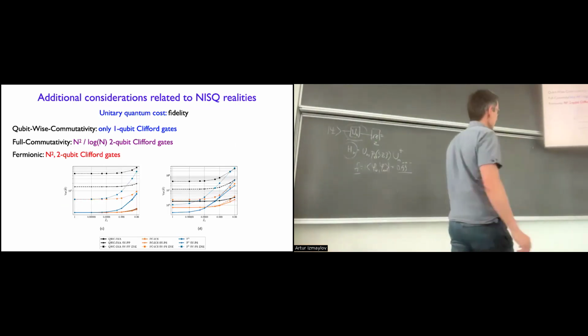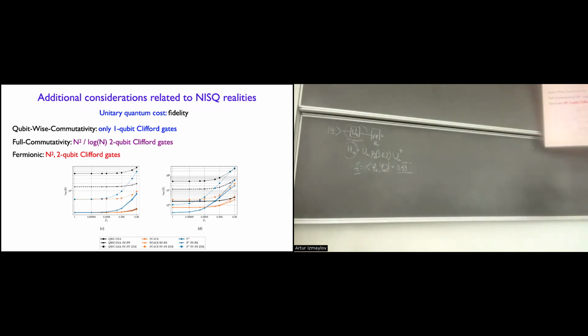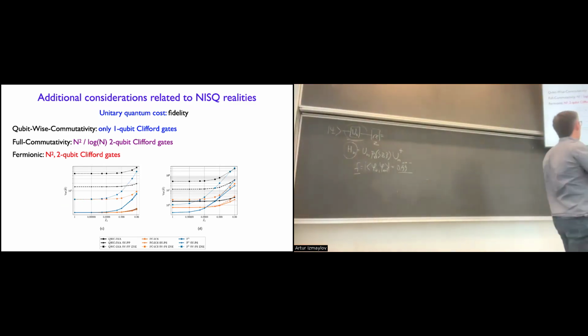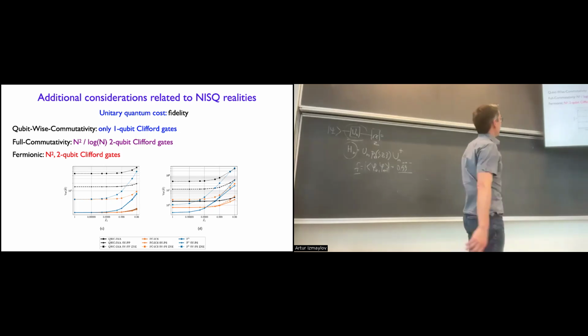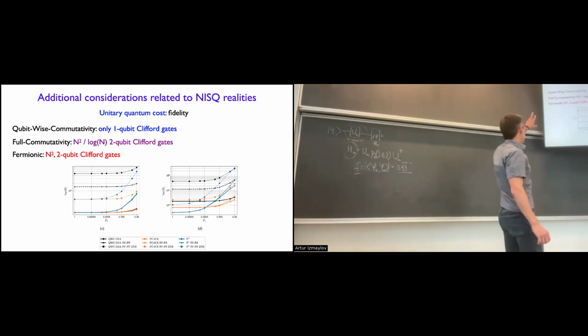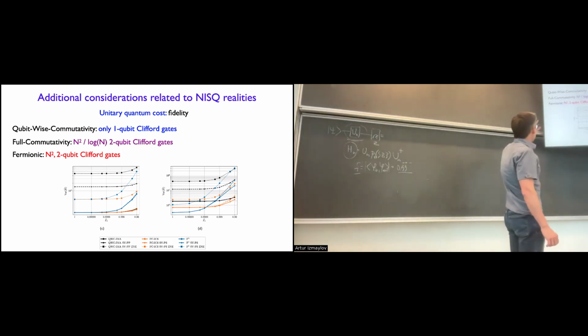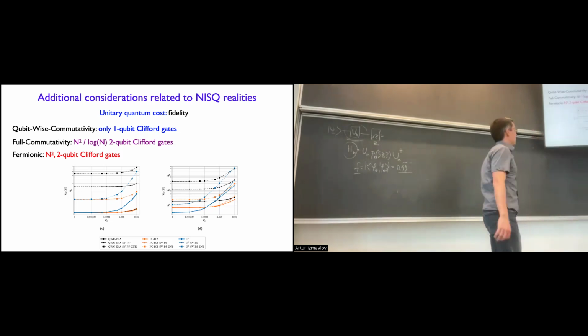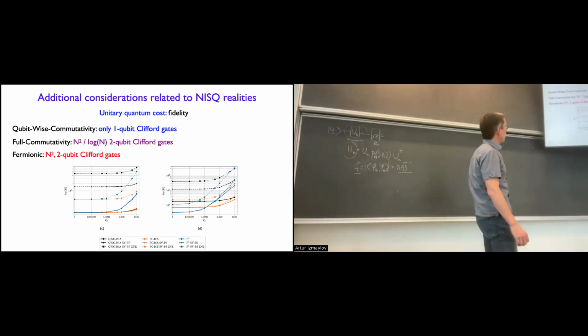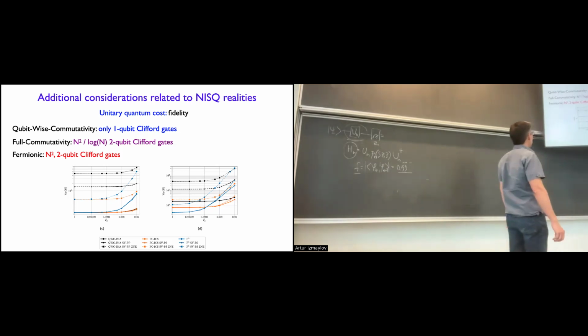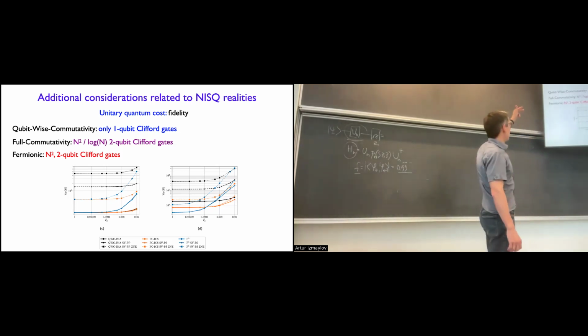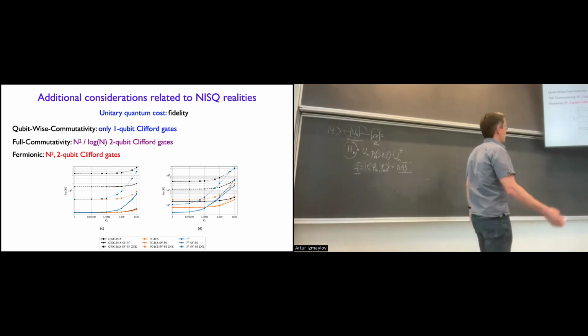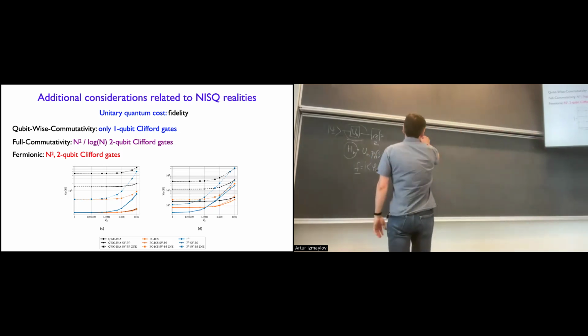That's something that is currently used. There are multiple protocols, and here what I first put is the things that we discussed: qubit-wise commuting, fully commuting, and fermionic transformations. How many extra gates do we actually need to put for each of these methods? You could see that qubit-wise commuting requires only single qubit Cliffords.